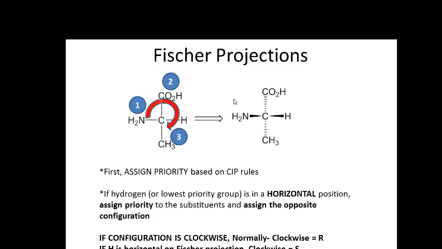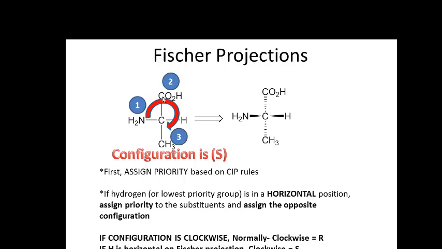That's clockwise. However, if the hydrogen is on a horizontal line like this, that means it's on a wedge. And so if the hydrogen is on a horizontal line and the configuration is clockwise, you simply reverse it. So normally this would be R because these things are oriented clockwise.